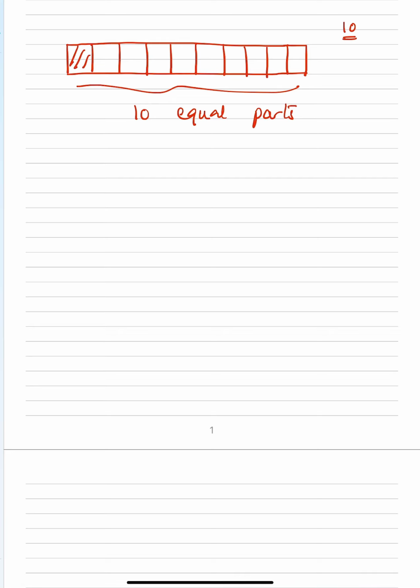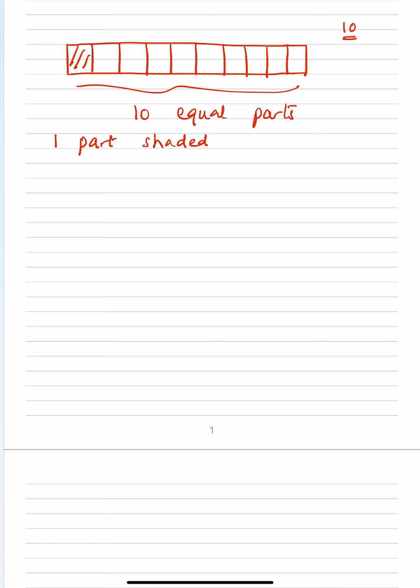So 10 equal parts: 1, 2, 3, 4, 5, 6, 7, 8, 9 and this is 10. Now in these 10 equal parts, suppose one part is shaded.